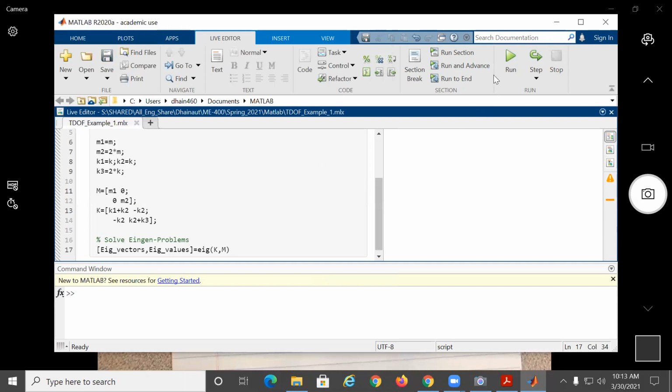Save. And now if we run it, okay, it's giving us here some, you see, eigenvalues and eigenvectors.